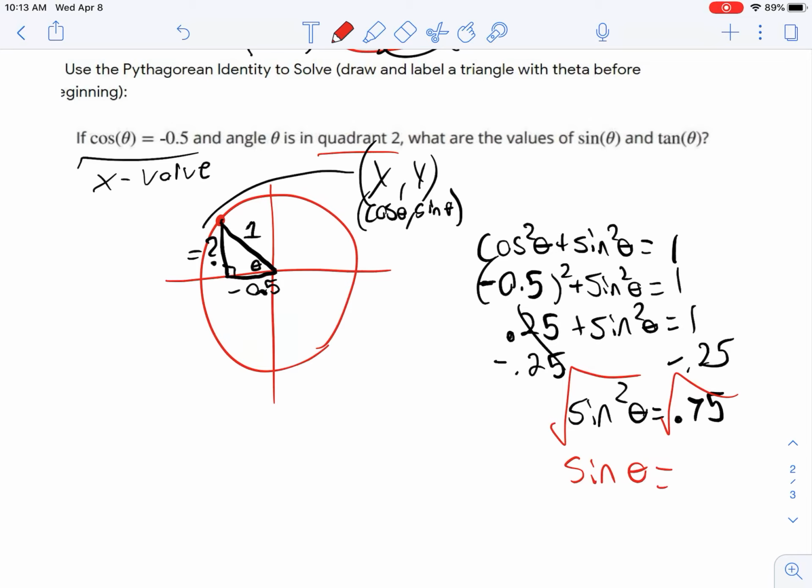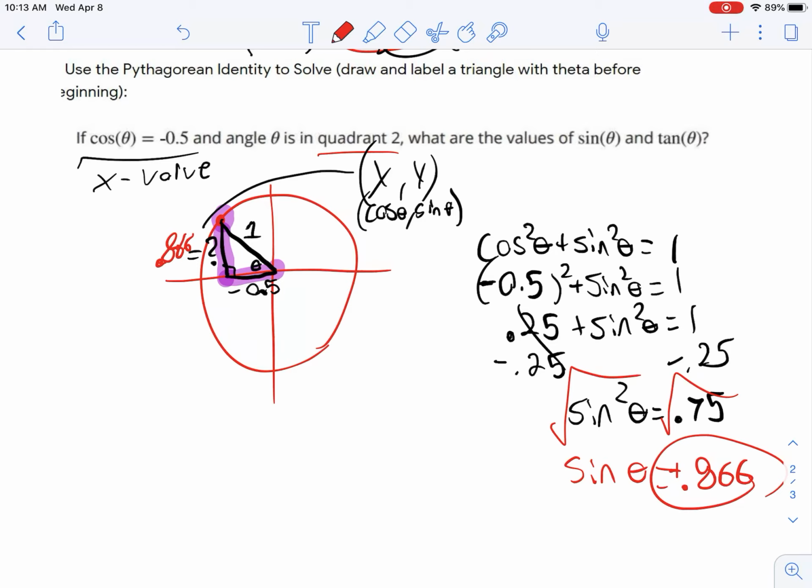Square root of 0.75 is going to give us 0.866. And it's going to give us positive or negative. And if you guys recall, we're supposed to determine what the sign is here. And we know that our x value is negative, and we know our y value is positive. So it's just going to be the positive value for this. So we found what sine is.